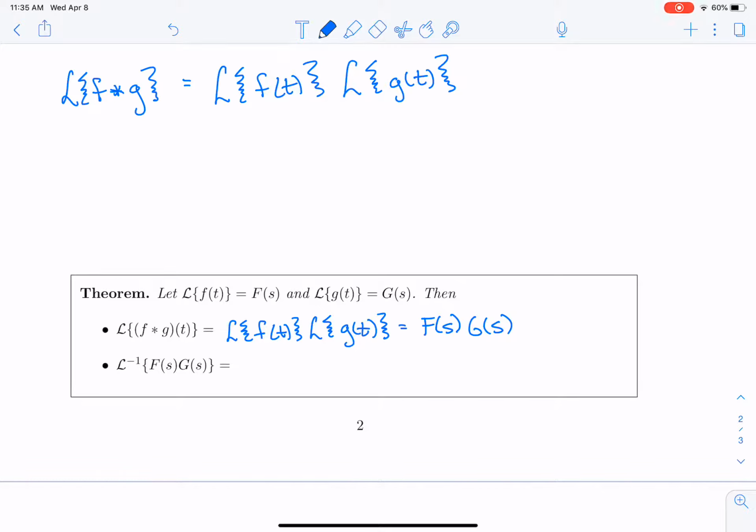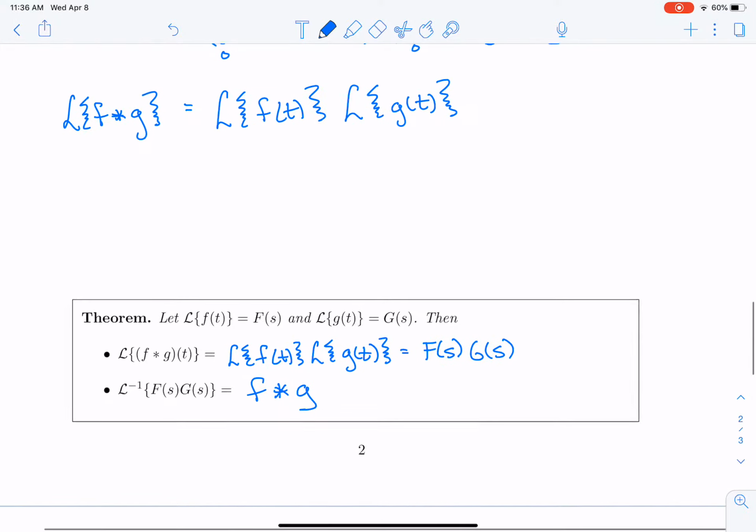So what the Laplace transform does is it takes this convolution product, and when you move to the space of functions in Laplace transform space, that product becomes just multiplication. And then the inverse Laplace transform of capital F times capital G, so if you have the product of two functions and you want to take the inverse Laplace transform, you're going to have to do the convolution of F and G.